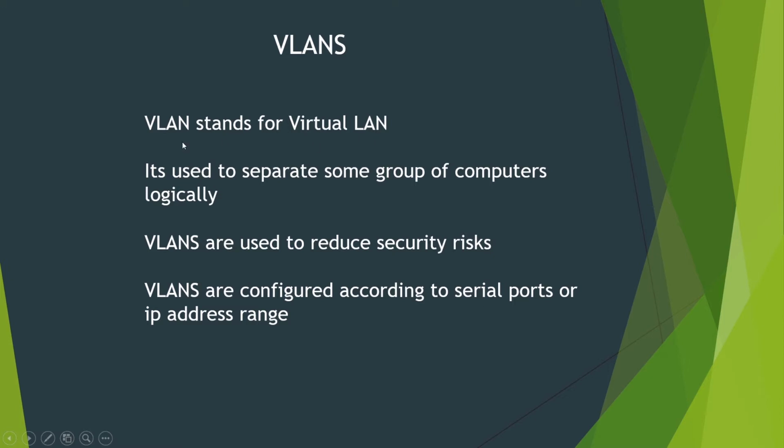The communication should not be allowed between the computer science students and electronics students. In that case, we can set up a VLAN for computer science students, and we can set another VLAN for electronics students. So these two VLANs cannot communicate with each other, because these are virtual LANs, and that is the property of the VLANs.